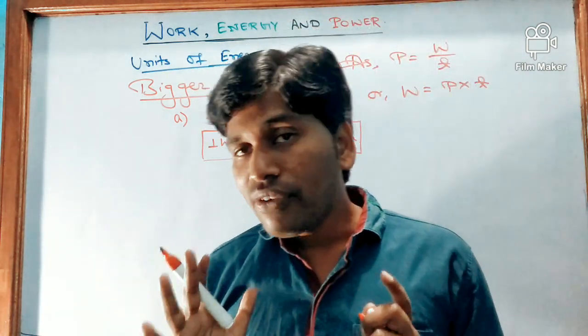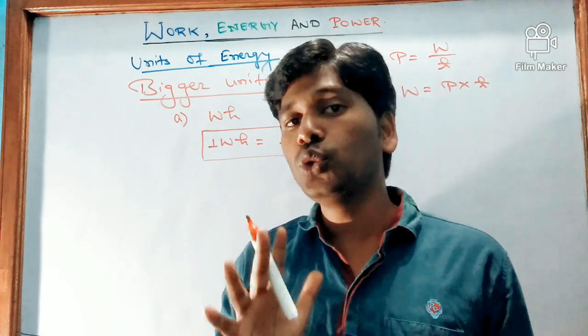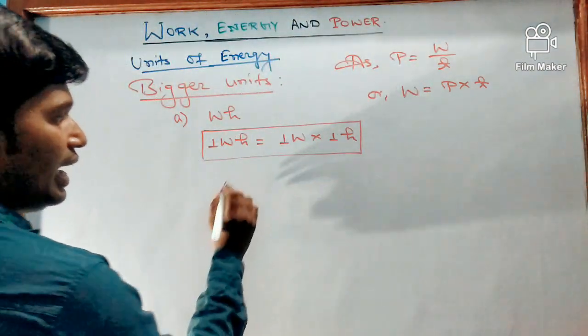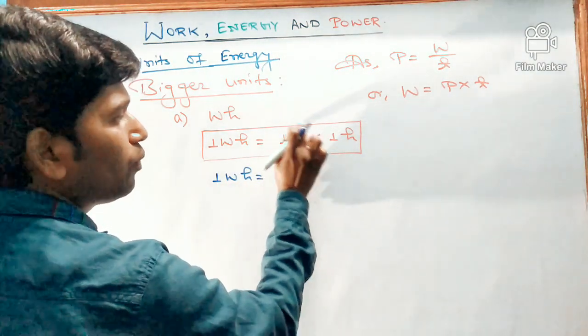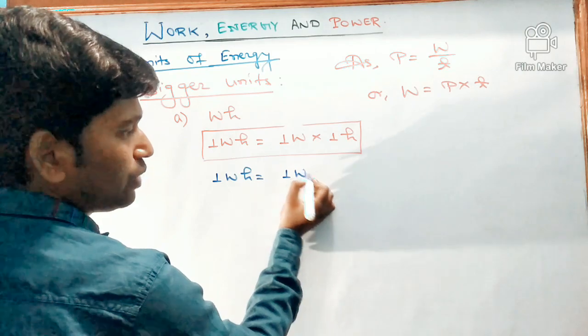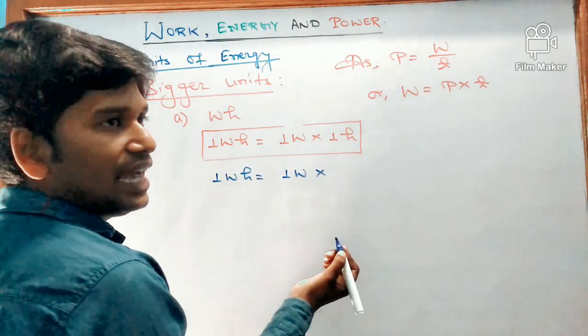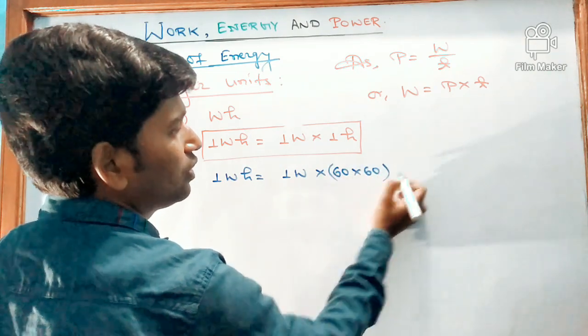Now we will find a relation between watt hour and joule, the SI unit of energy. As we have just learned, 1 watt hour equals 1 watt. We write 1 watt into this time, taking it in the SI system, as 60 into 60 seconds.